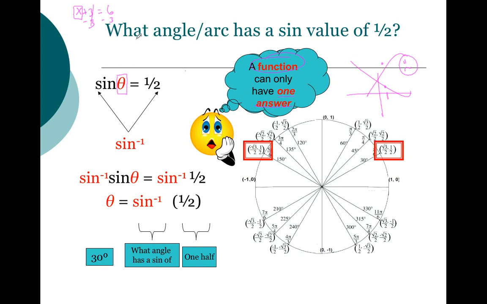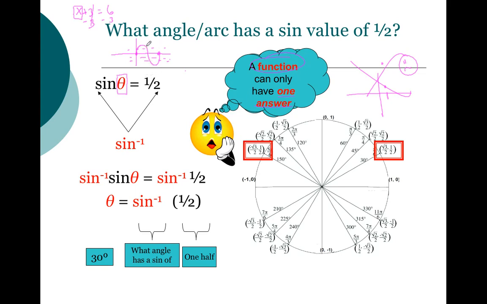Think about what a sine curve looks like. Here's one period of my sine function. If I just graph this one period, it doesn't pass the horizontal line test. It's not one-to-one. Some of you even said that in your videos. Sine and cosine are not one-to-one, so we need to restrict what that angle can be.